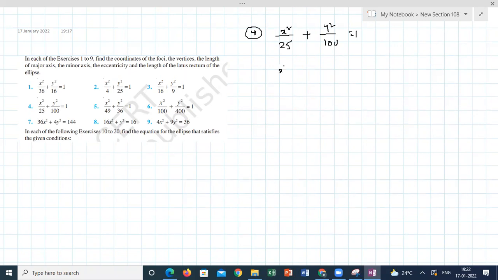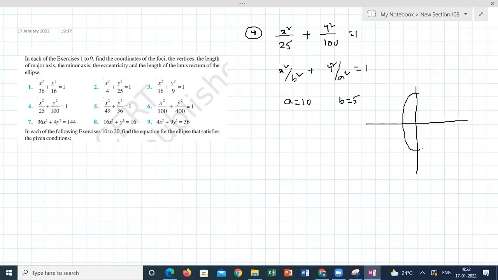This looks like x square by b square plus y square by a square is equal to 1. A is equal to 10, b is equal to 5. Now the ellipse is like this because b square is under the denominator of x square and a square is under the denominator of y square. So this is CD, this is your focus.